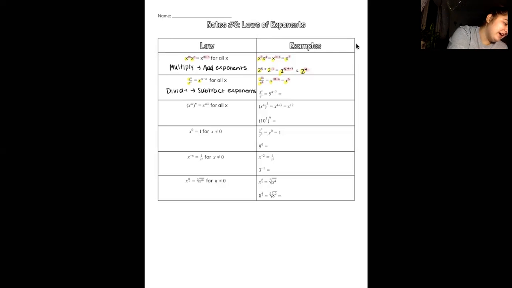So if we look here, I have 5 to the 4th over 5 to the 7th. And I end up with 5 to the 4 minus 7. Well, 5 to the 4 minus 7, if I have 4 things and I take 7 away, right, I go into the negatives. So I'm left with 5 to the negative 3, right?